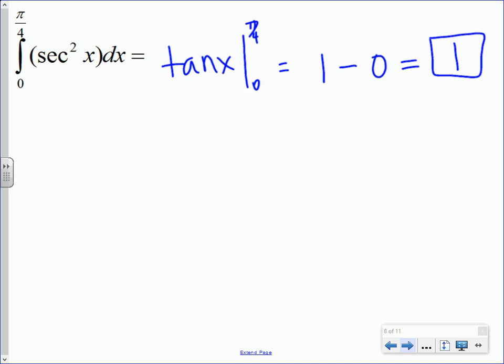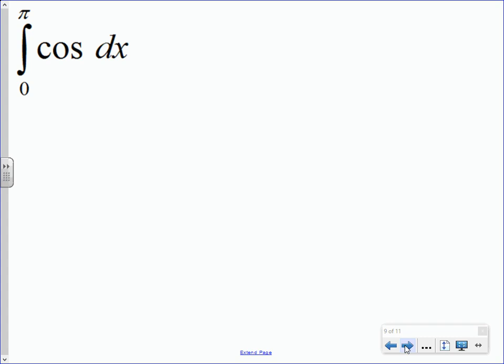We have to use 1 over the cosine and square that. Tell you what, next unit we'll get to use the Math 9 command a lot. Okay, next example, the integral from 0 to pi of cosine x dx.